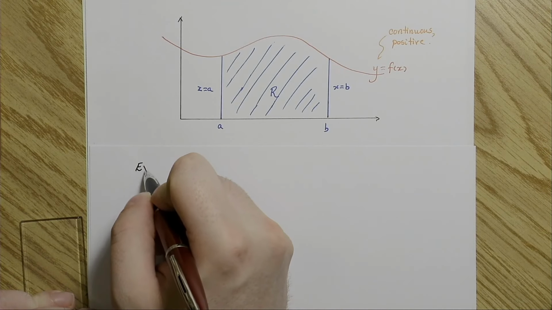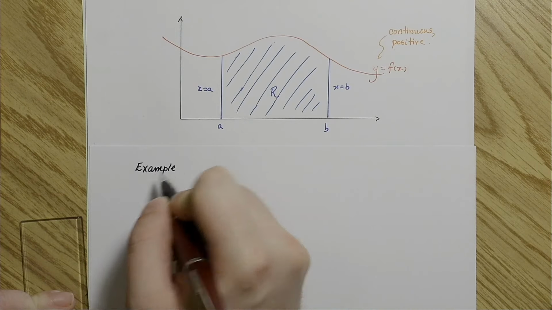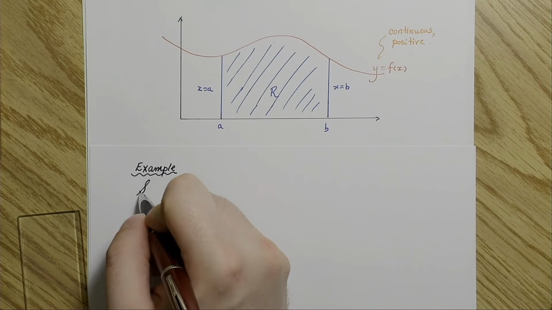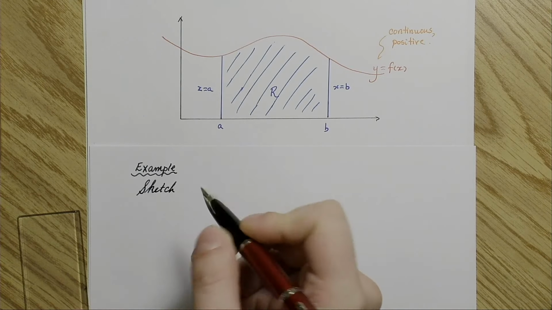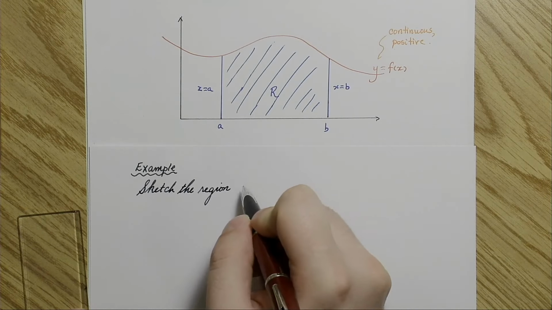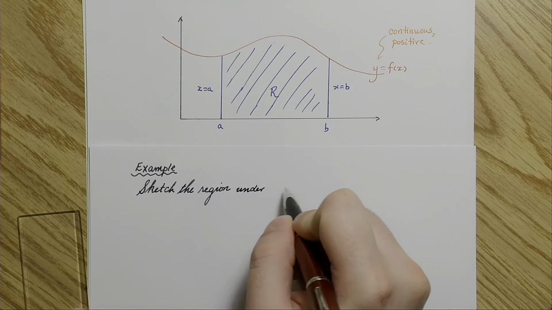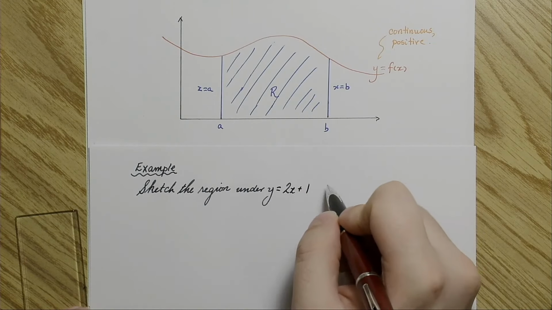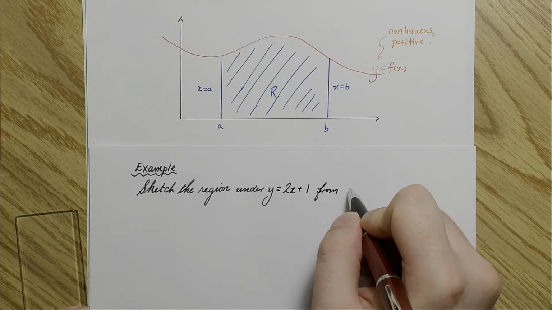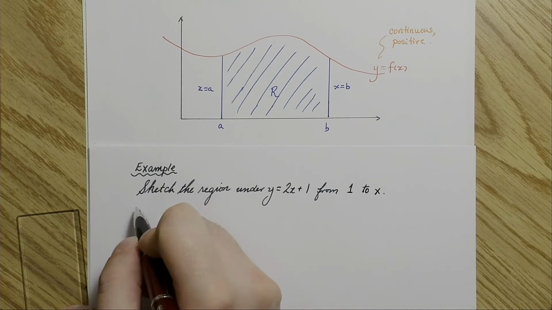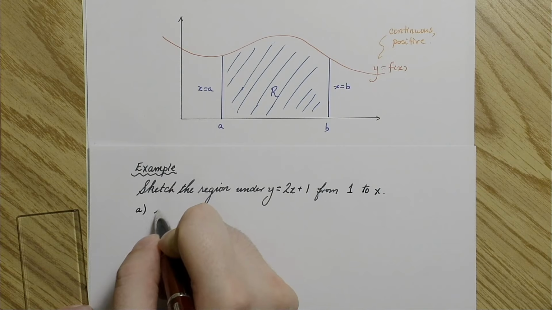The first thing I want to do is sketch the region under y equals 2x plus 1. Immediately we know that that's a linear function, just a straight line. Then I want to find the area function.